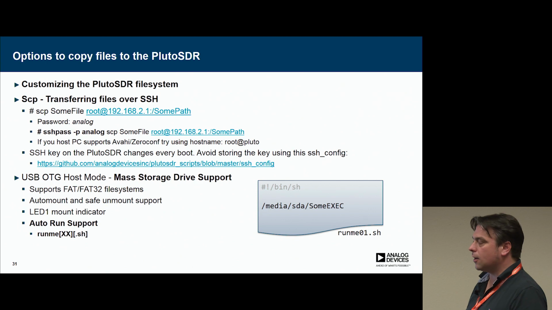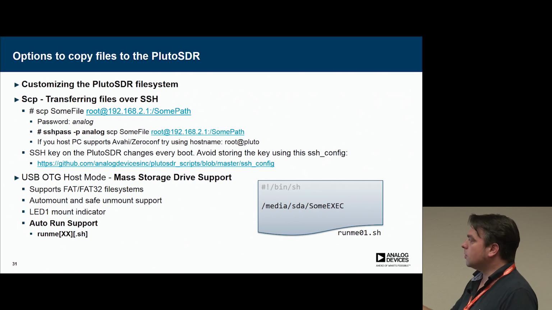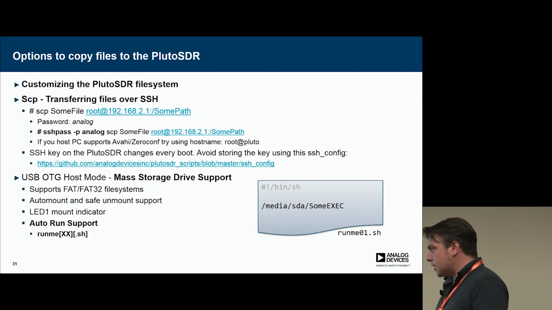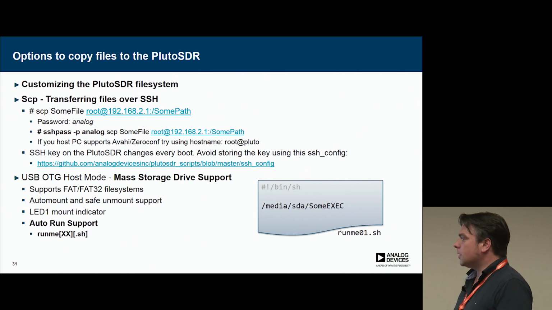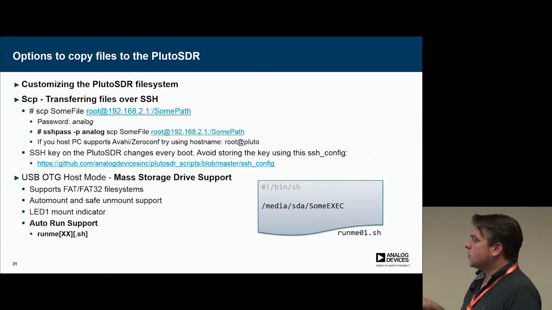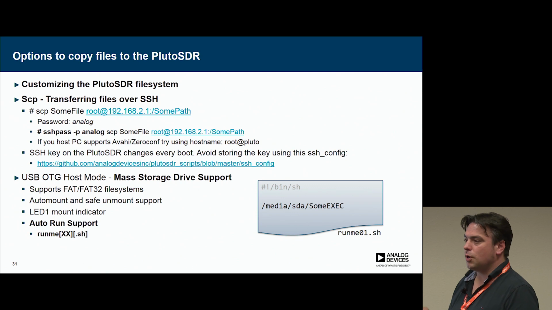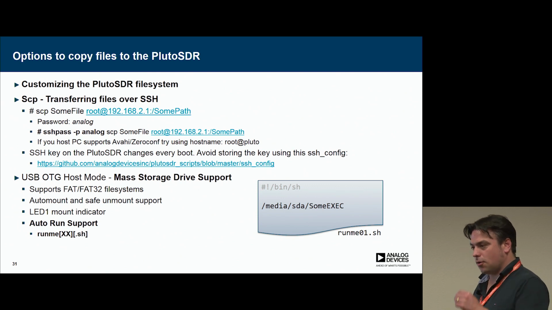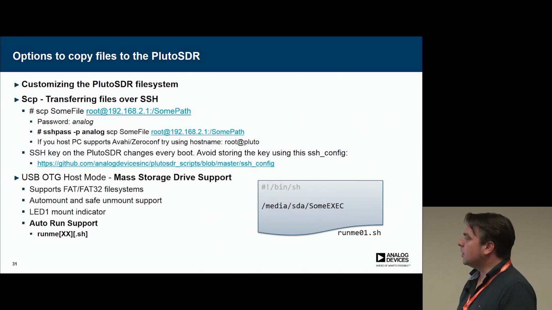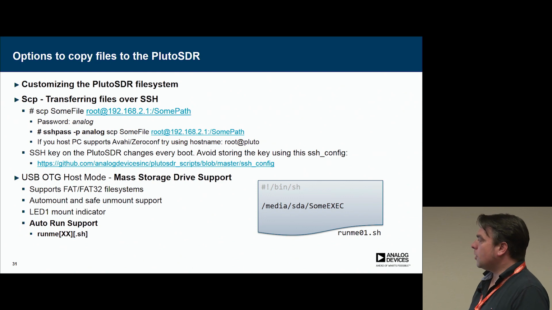The password is analog, and there are also some how-tos on how to avoid typing the password over and over again. Also, the secure key changes every time you reboot the Pluto. That can be quite annoying, and there's a link to how you need to modify your SSH config on your host in order to not get those annoying warnings.